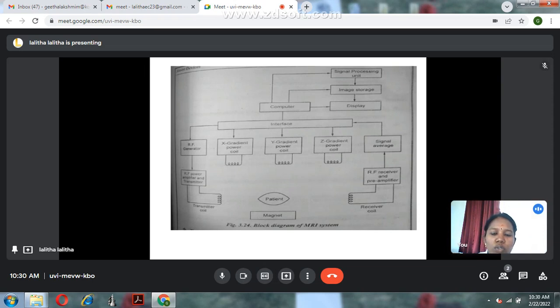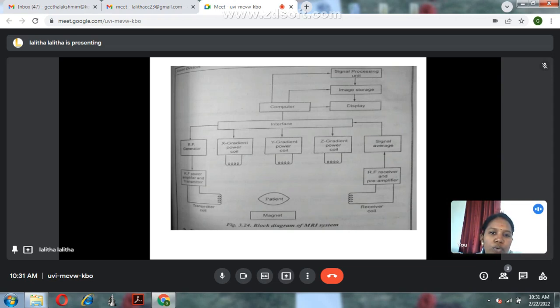The receiver coil receives the signal from the patient, and this is amplified and connected to the signal averager. This signal averager is connected to the interface, which makes a connection between the computer and the human.